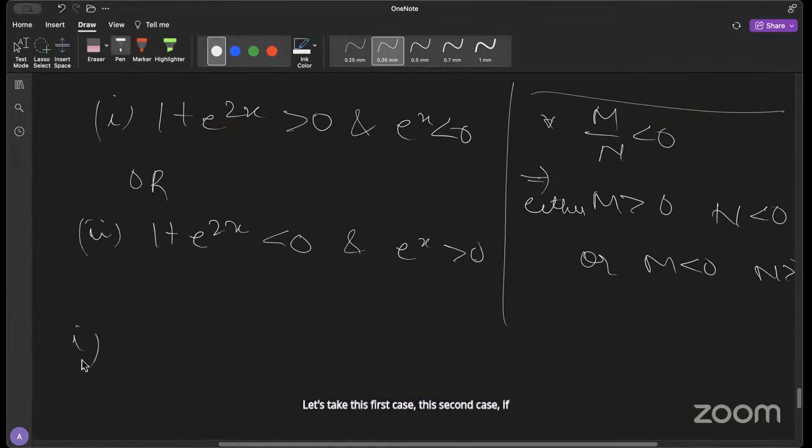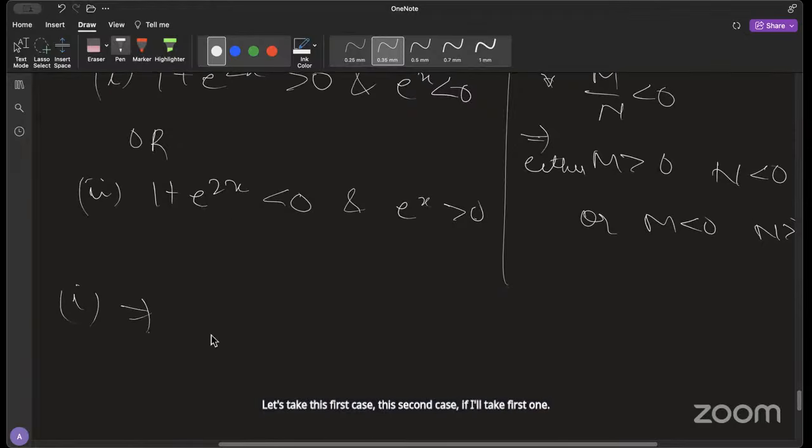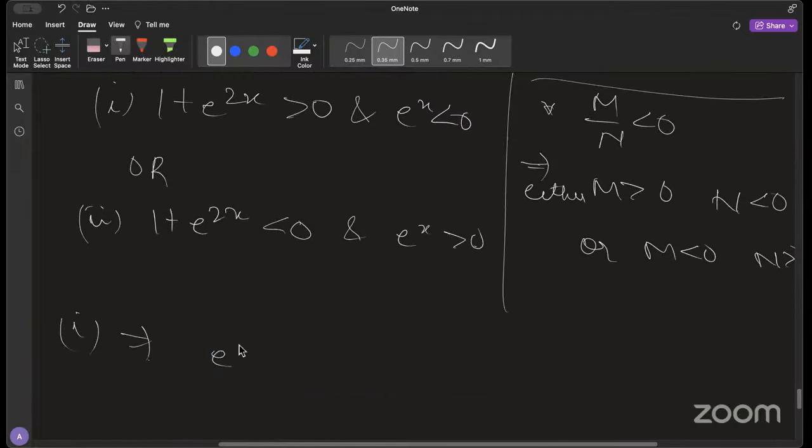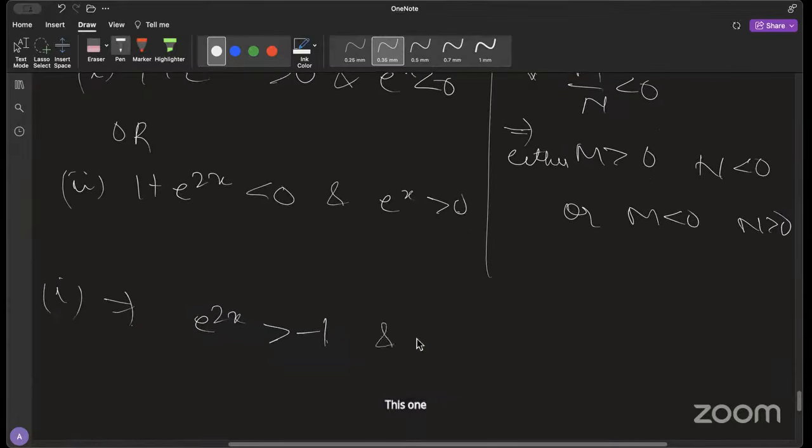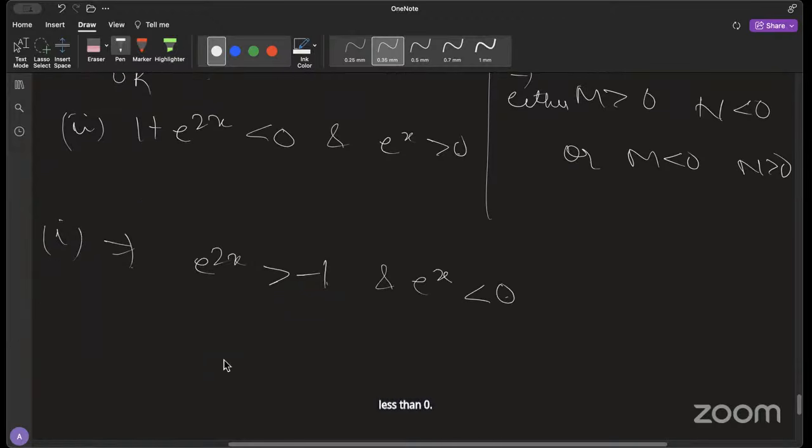If I take the first one, e to the power 2x greater than minus 1, and e to the power x less than 0. What does this mean? I can write this as (e to the power x) squared, right?